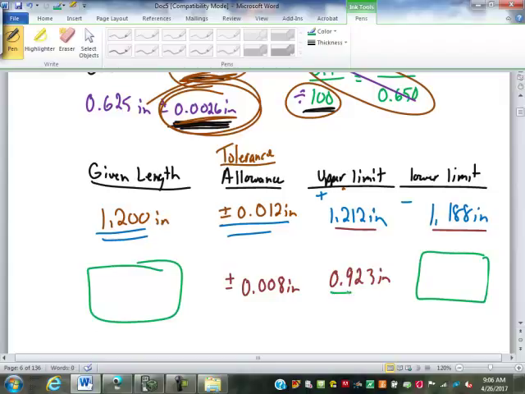Well, how do I get from upper limit to given length? So I've got to subtract it back out. 0.915 maybe. Yep. And now from there I can find the lower limit. I subtract the 0.008 again to get 0.907, right?